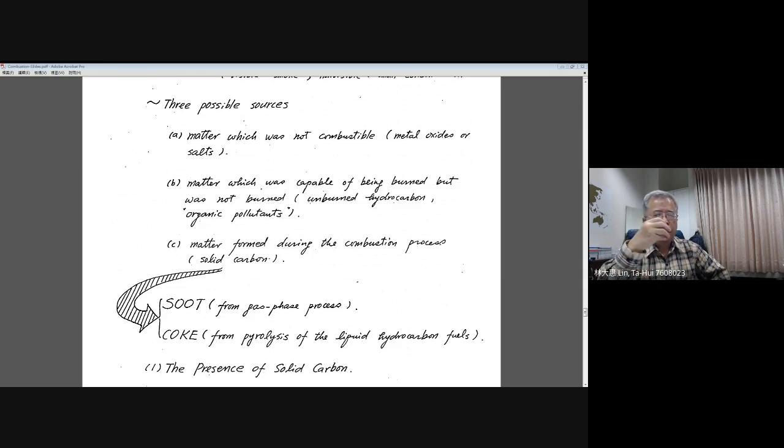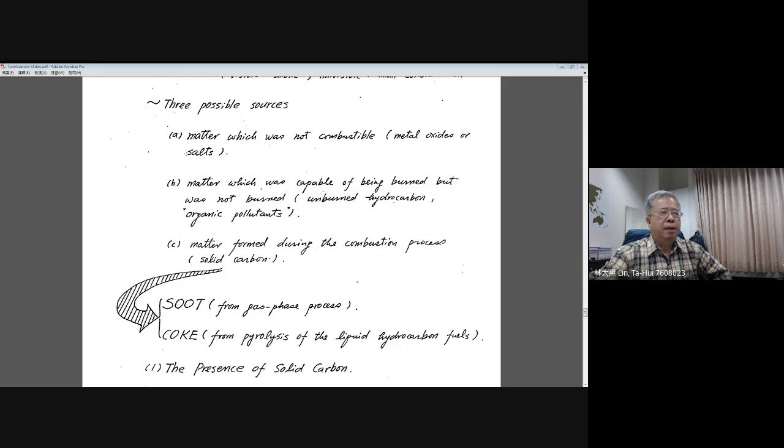When they go through the whole combustion chamber, they cannot complete combustion. Then there is a strong possibility it will come out unburned. Okay. So this is the second category: matter that should be burned but is not burned. For example, hydrocarbons or some organic pollutants.